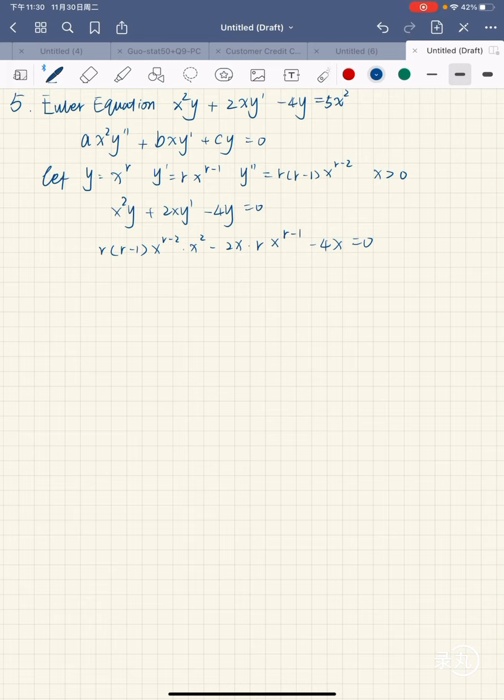And then let's calculate. So it's going to be r times r minus 1 minus 2r minus 4, multiplied by x to the power of r, equals 0. So this will be r squared minus 3r minus 4.